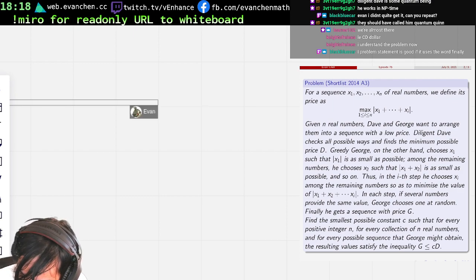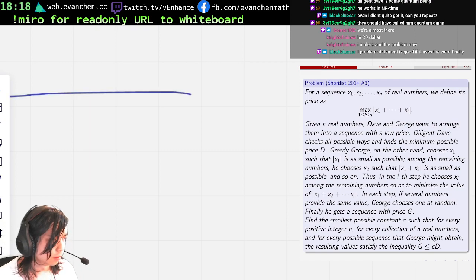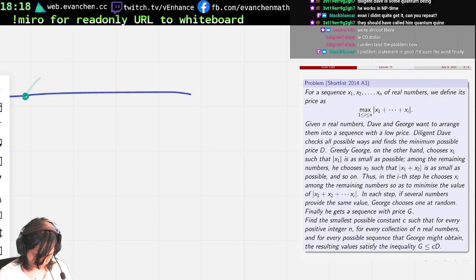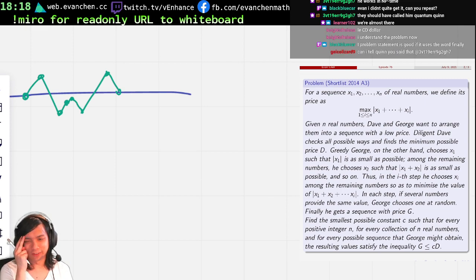Essentially what's happening is you have some junk, and it can go up or down, and you want to not deviate too far from just drawing a random thing like this. Okay, so actually, what's an example for which the greedy algorithm is just not optimal? I can first make sure that the problem is not c equals 1, because if c equals 1, oh my god, I have a few choice words.